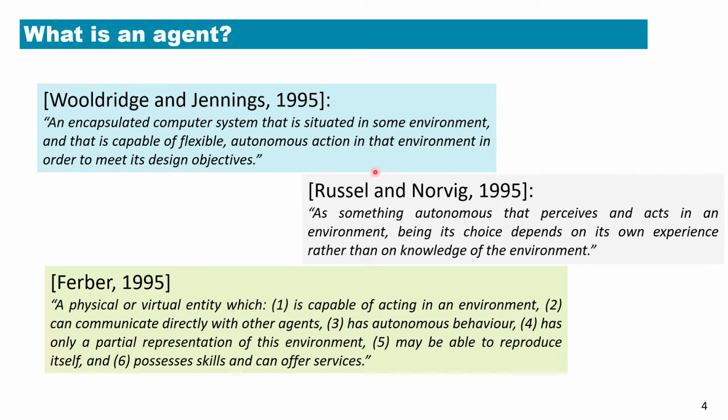Russell and Norvig said an agent is something autonomous that perceives and acts in the environment. And of course, what is common in those definitions is that an agent is an autonomous entity and can perceive and act on the environment, and of course can cooperate or communicate with other agents.